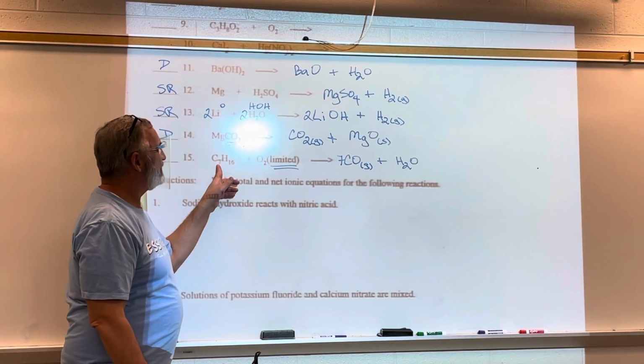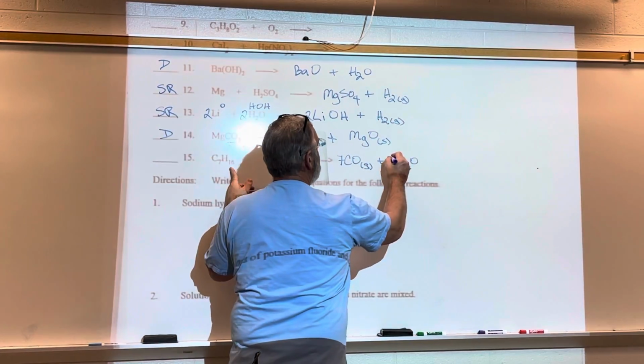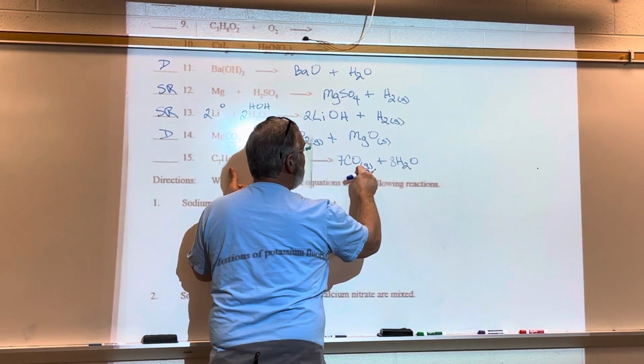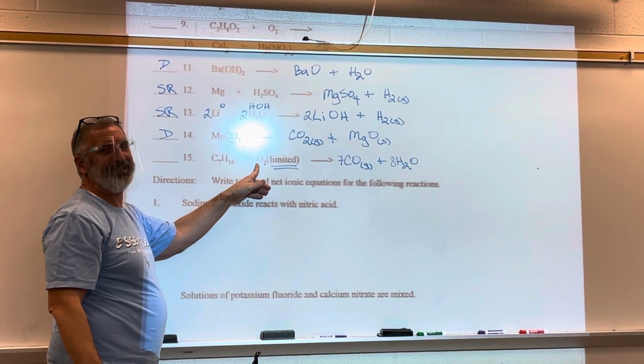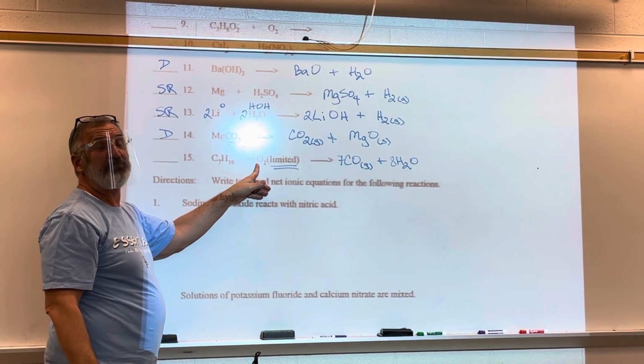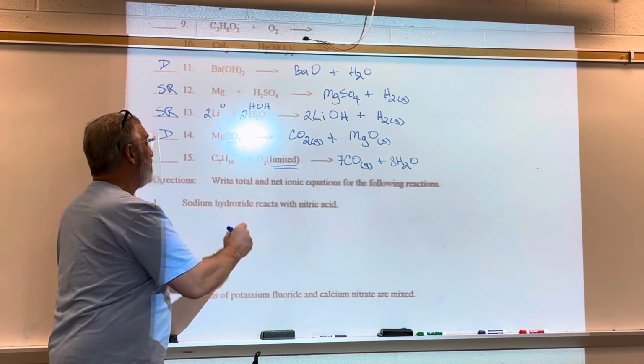Okay, so C7, H16, so I have to put an 8, but that gives me 7 and 8 makes 15. What times 2 equals 15? 7.5, but we really don't want to have a fraction, so what do we have to do? Double everything.